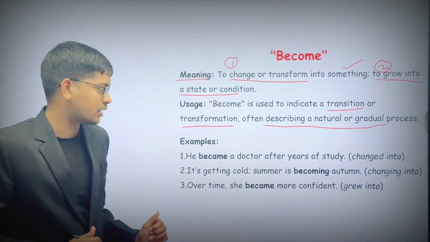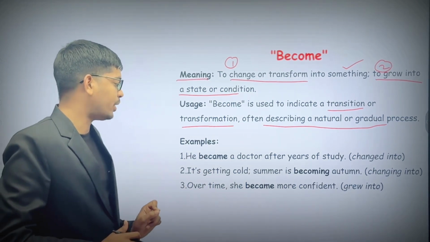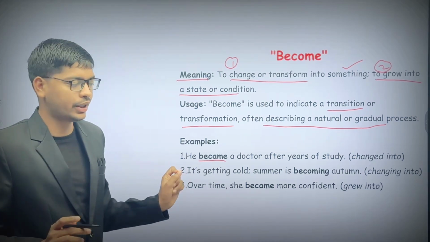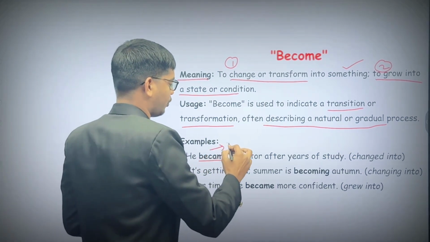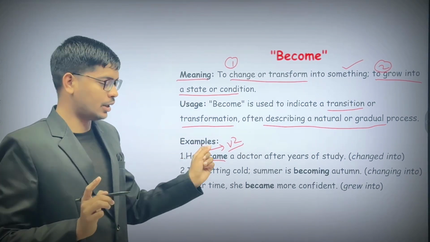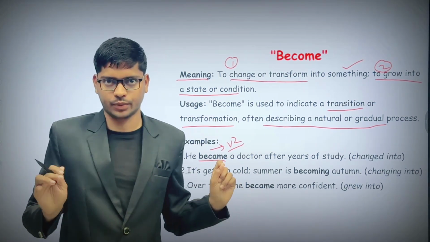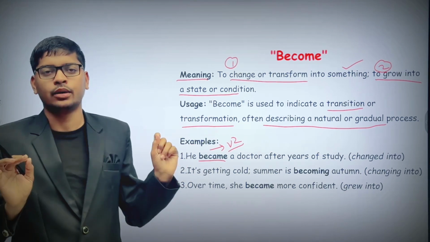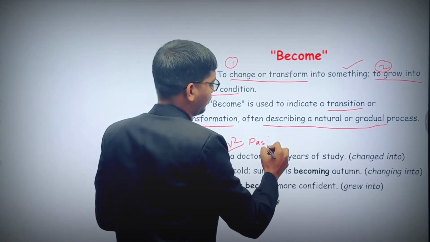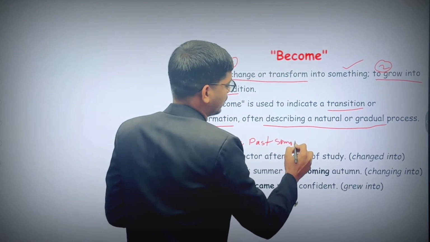Let's see an example. First example: he became a doctor after years of study. Became is the second form of become. When do we use the second form of the verb? In the past simple tense.